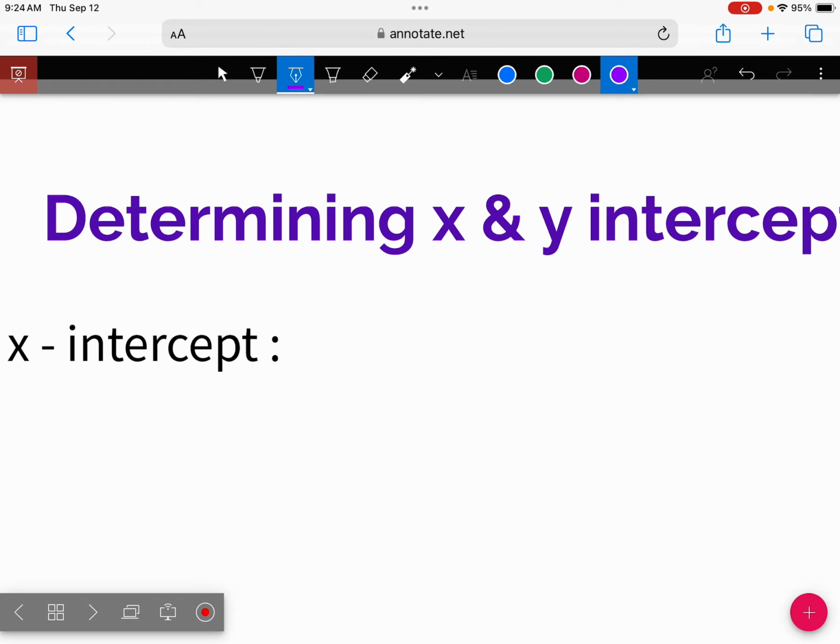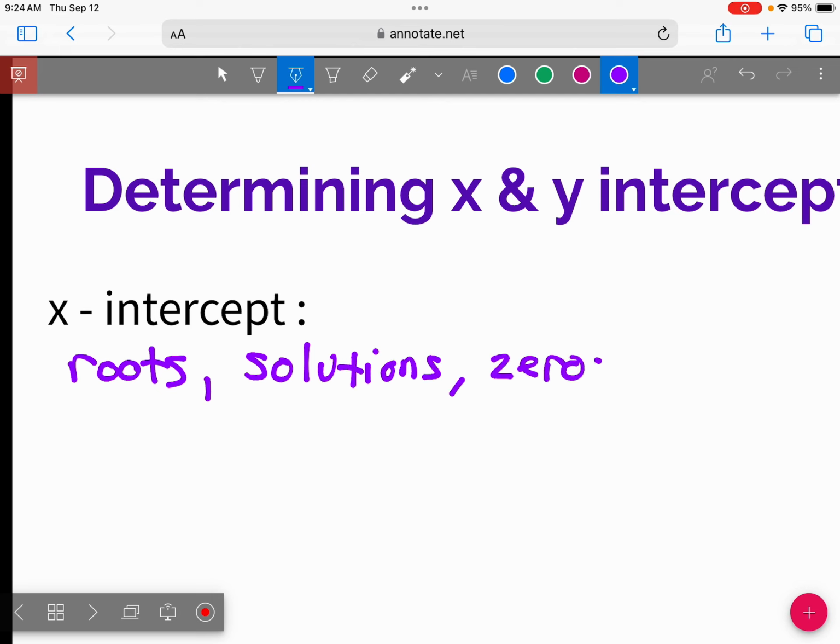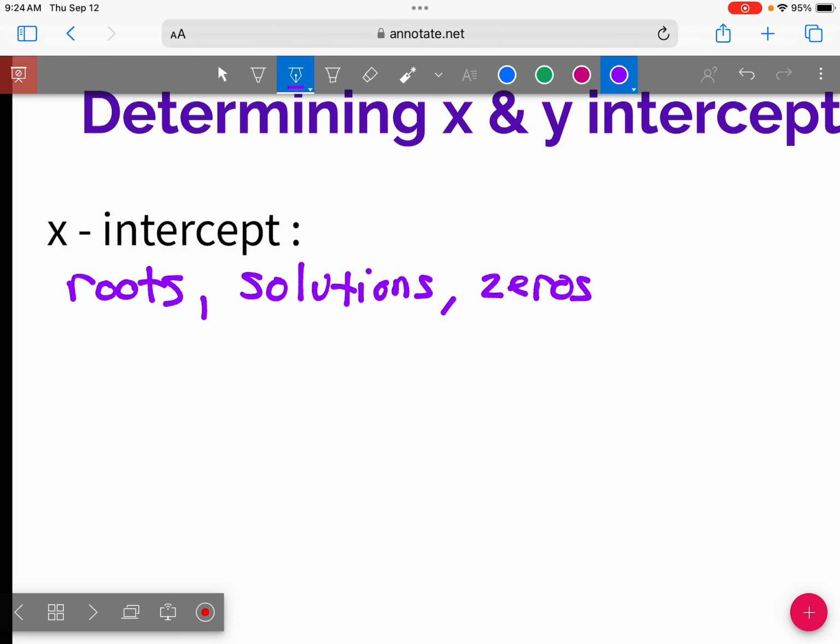Our x-intercepts, also known as our roots or solutions or zeros. We use that a lot, especially in quadratics and polynomials. When we're talking on graphs and on functions, that's when we have a point x comma 0.